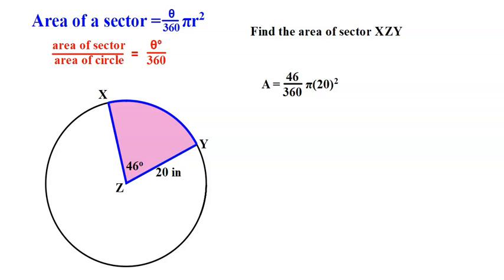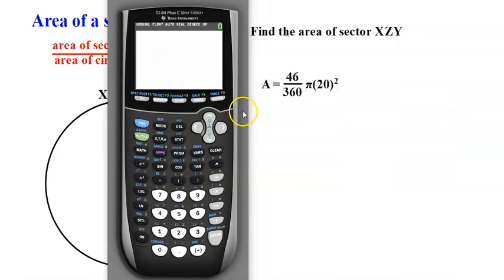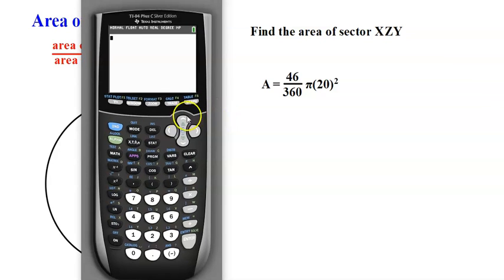Now I am going to get my calculator up and plug this in. We have 46 over 360 times pi times 20 squared.